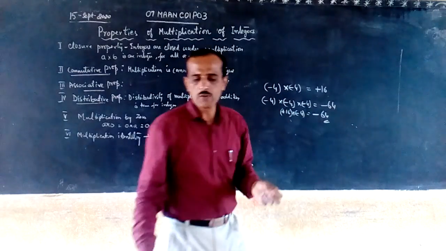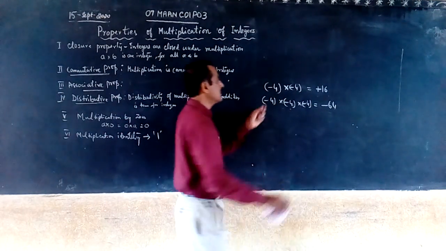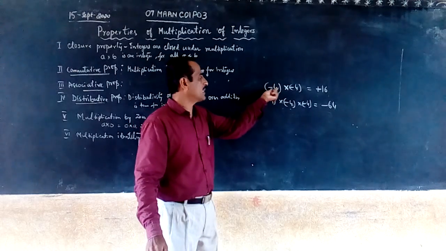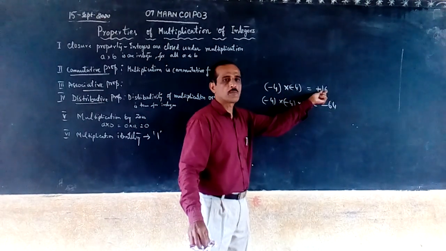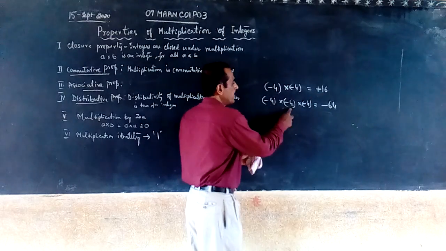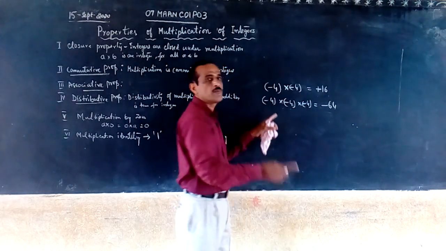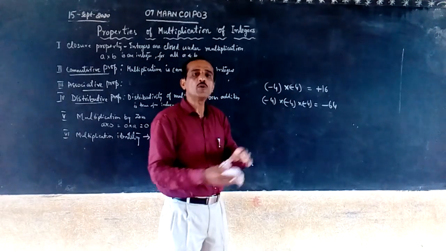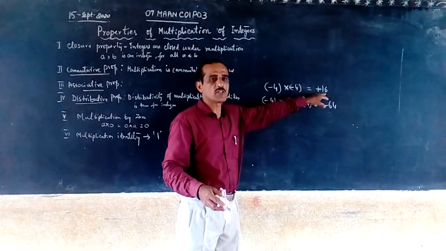Look at this. Here, if the number of negative integers in the multiplication is even, then the product is positive. If two negative integers are multiplied, the product is a positive integer.